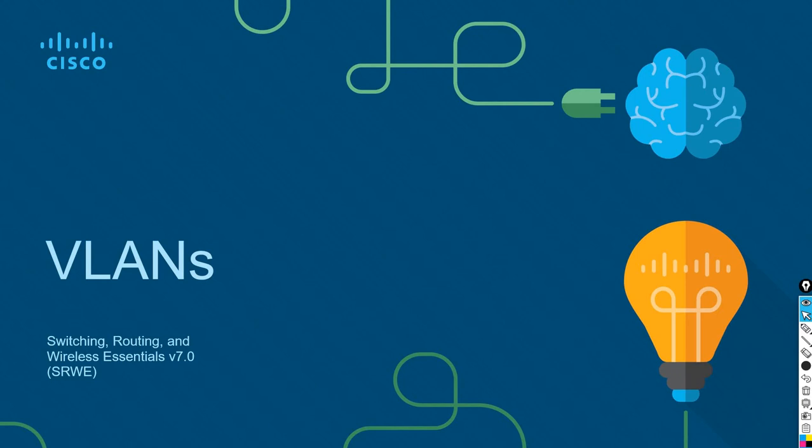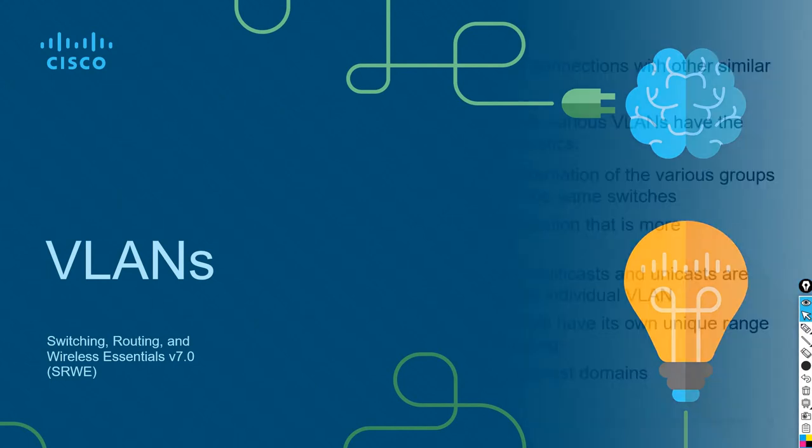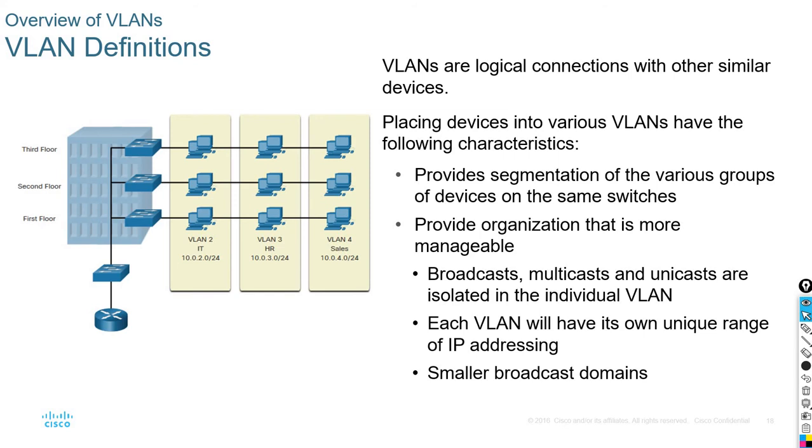It provides segmentation and organizational flexibility in switched networks. VLANs are logical connections with other similar devices, based on logical connections instead of physical connections. VLANs allow an administrator to segment networks based on factors such as function, team, or application.